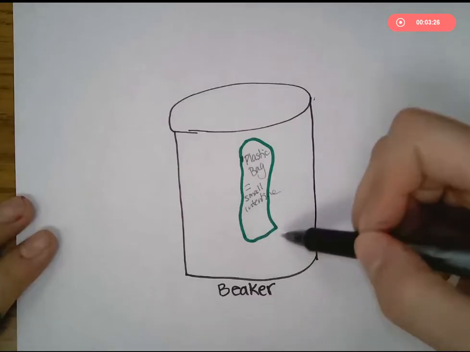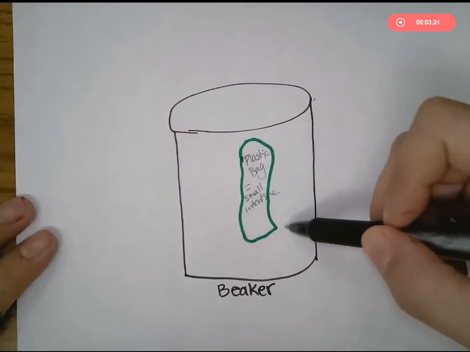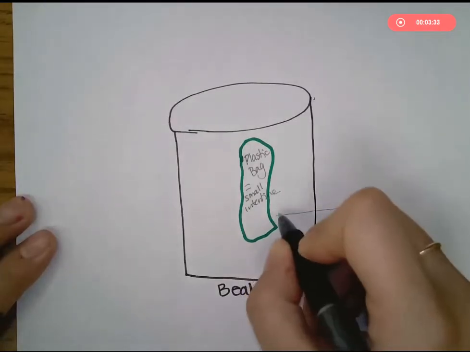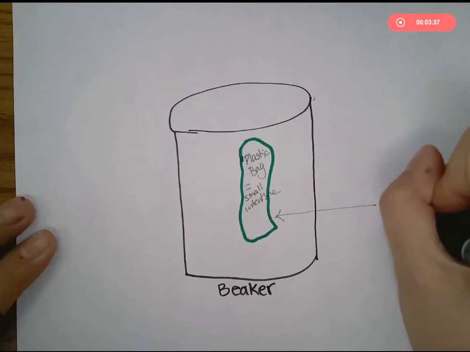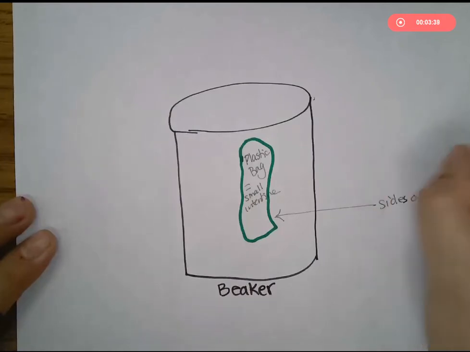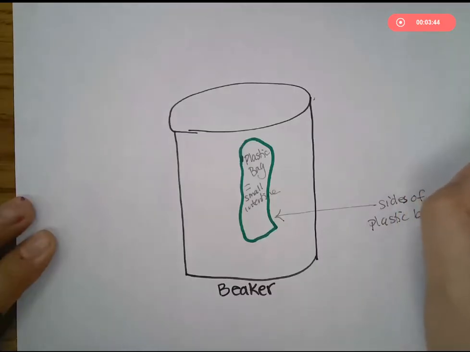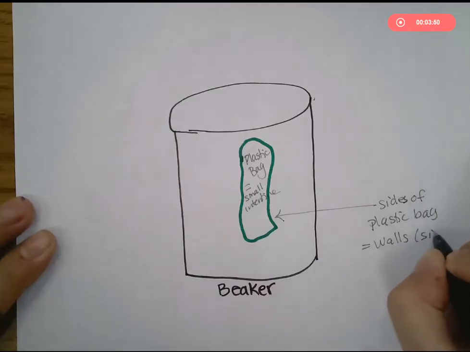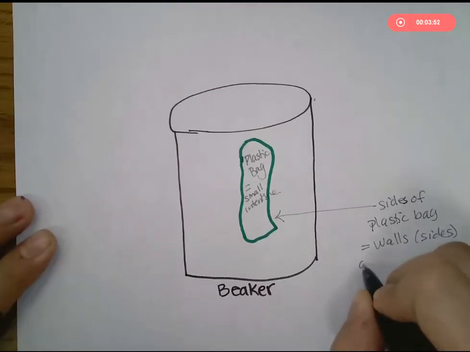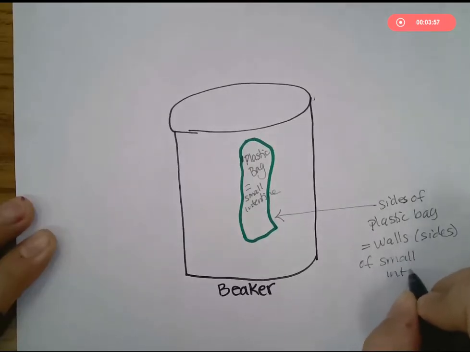So the whole plastic bag is our small intestine. Then the sides of the plastic bag, these would equal the walls or the sides of the small intestine.